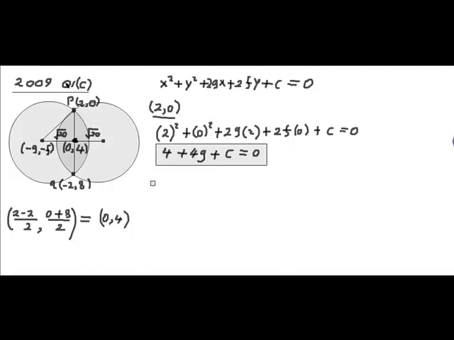So fill out the formula also, and you get minus 2 squared plus y squared, using the formula up here, which is 8 squared, plus 2gx, that's 2g into minus 2, plus 2fy, and for y of course we put in 8, plus c equals 0.